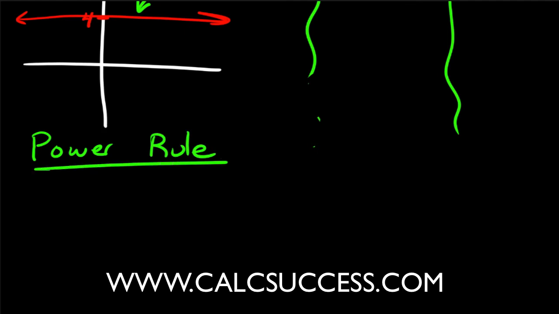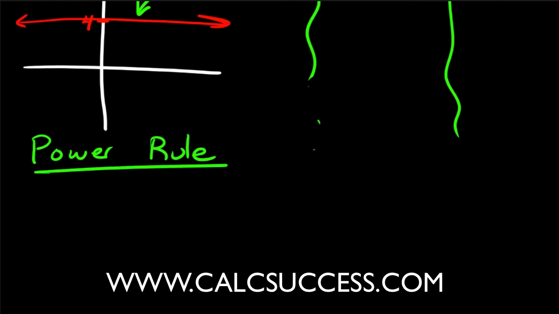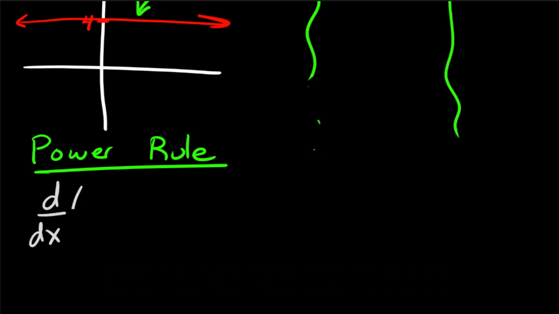Now the power rule says the derivative of x raised to any power n is equal to n times x raised to the n minus 1.